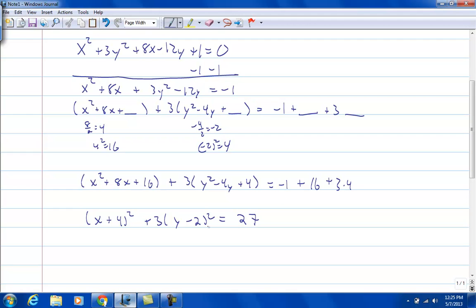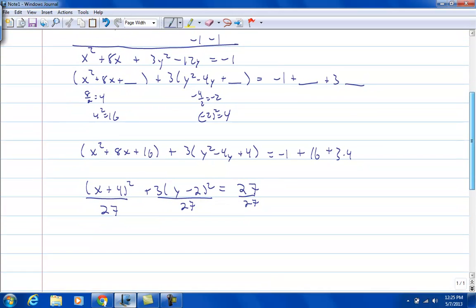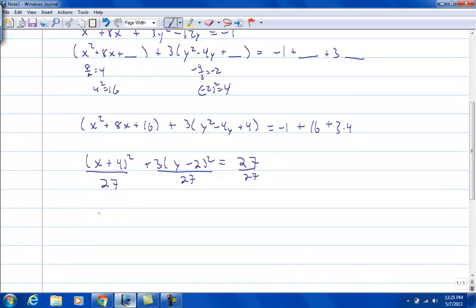And then for an ellipse we want it to equal 1, so we'll divide everything by 27. So we'll have x plus 4 squared over 27 plus y minus 2 squared over 9 equals 1.